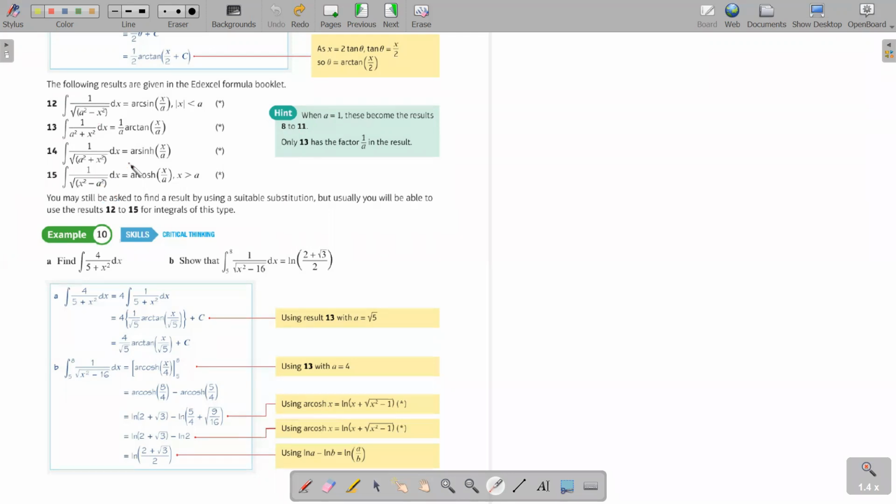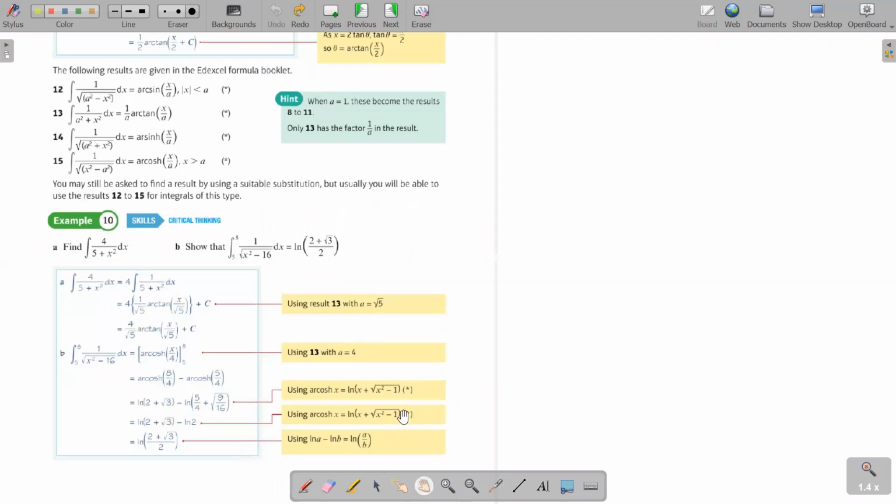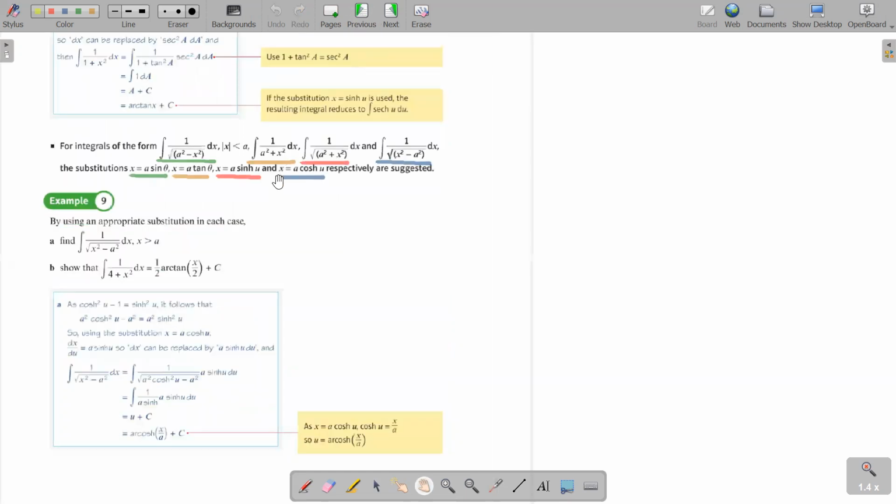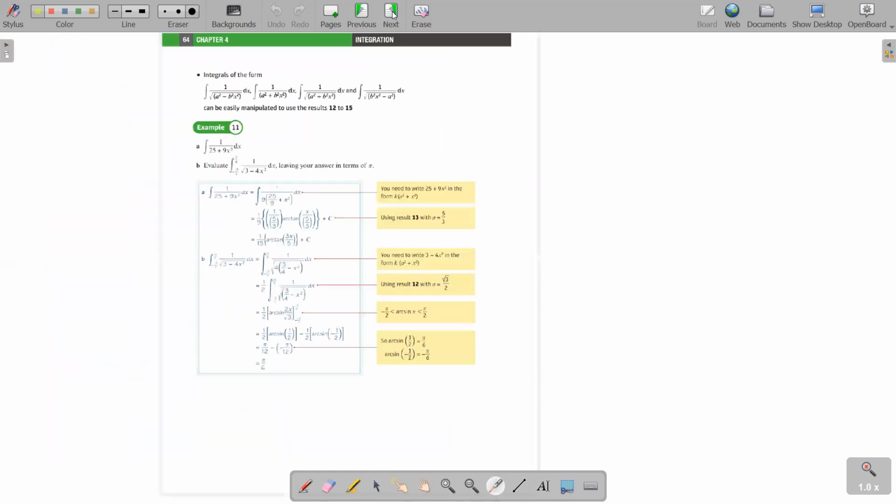You just have an a square here. Make a note of these rules as well. We are allowed to use these rules immediately if they ask you to get the integration. Or else if they want a substitution, then you can use these substitutions appropriately and get it done. Okay, so let's go for the sums.